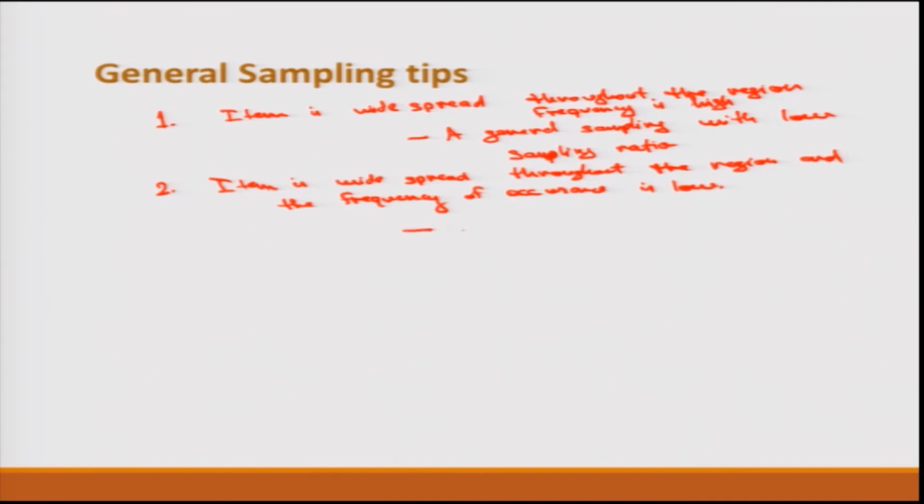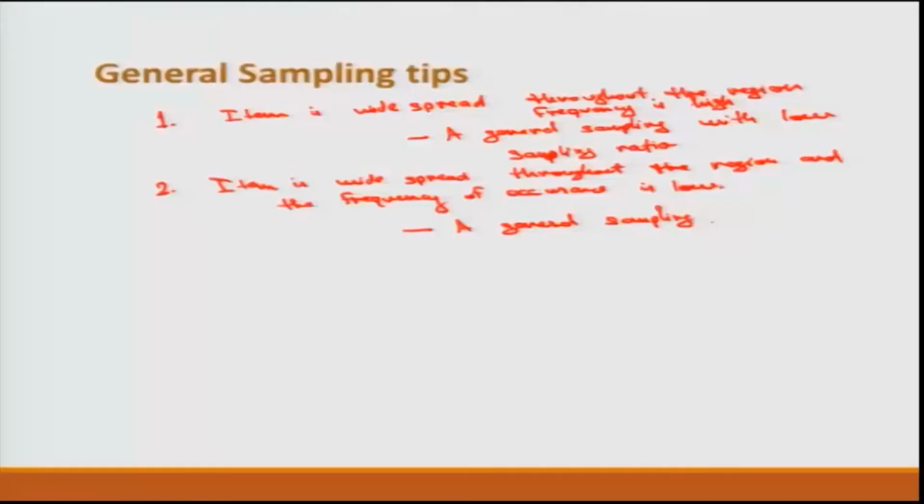Here also we conduct a general sampling, but what do you think? Should it be a low or high sampling ratio? Because the frequency is low, the number of items that should be taken should be high. So, in this case a general sampling with a high or large sampling ratio is conducted.